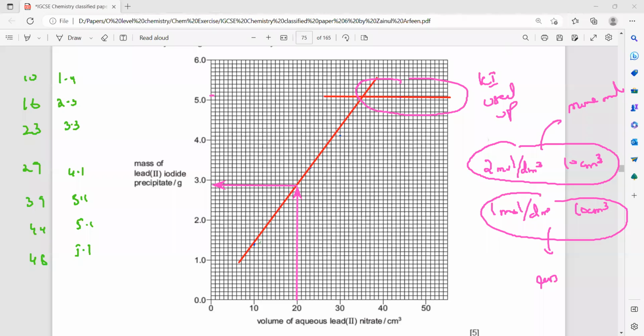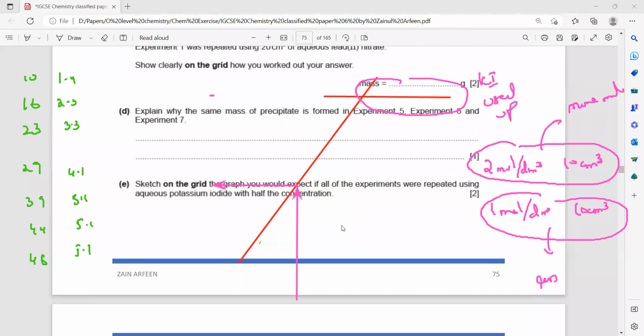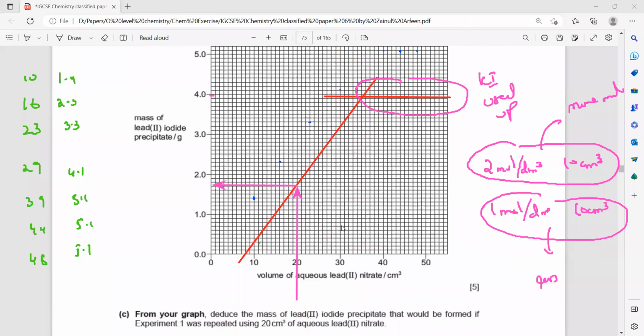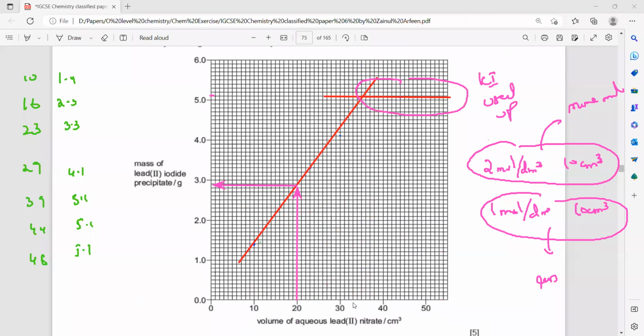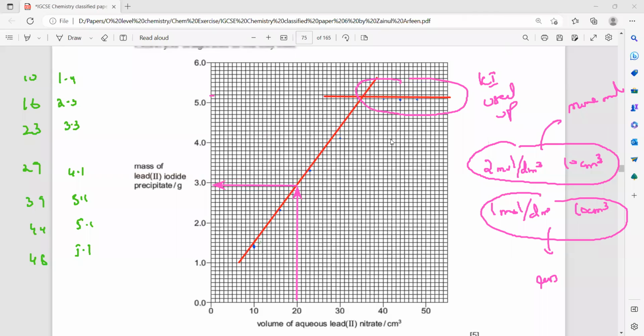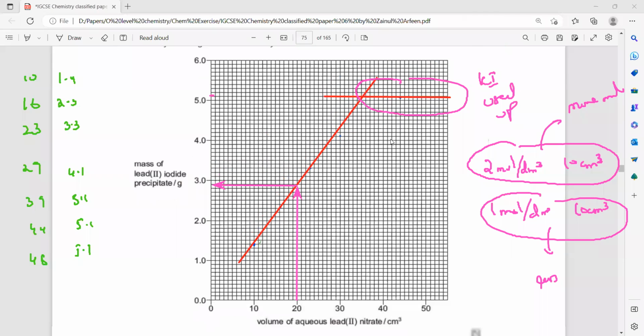The moles of KI, or the moles of the reagent which we are using, like the example they mentioned in the question, we use half the concentration of potassium iodide. If the moles were the same, then the final product would be the same. But because in the question the moles are half, the final product should also be half. So what will the graph be?